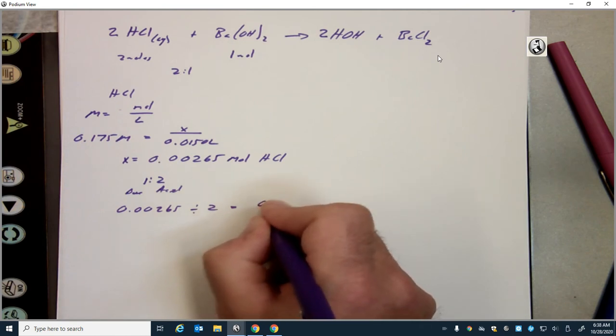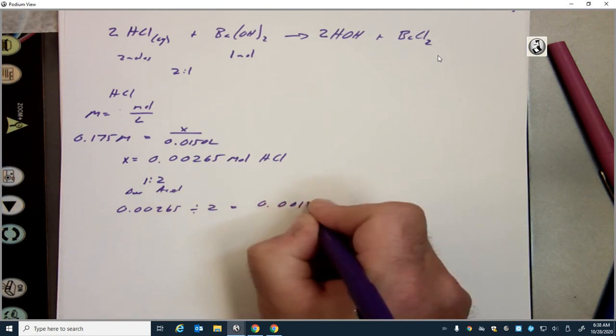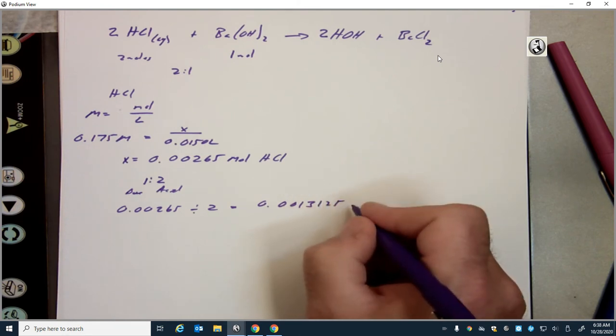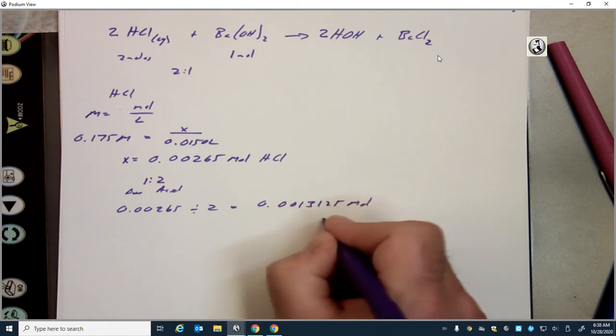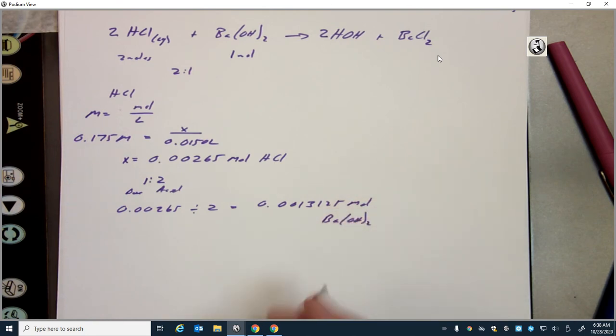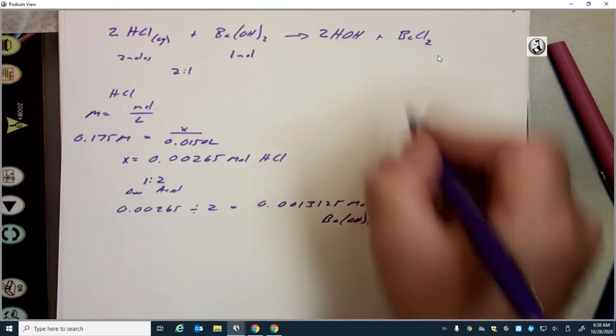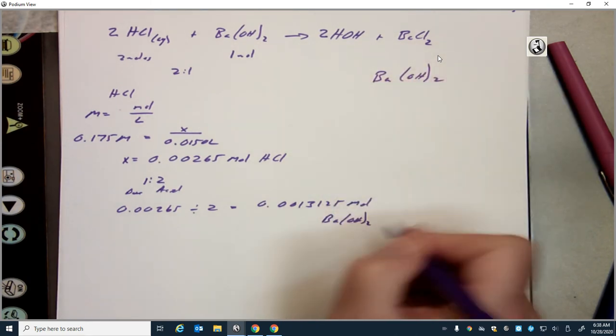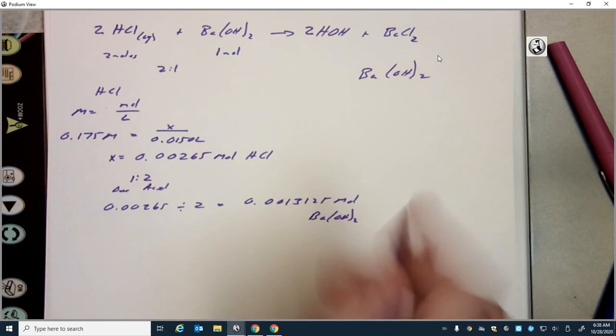So that means I have 0.0013125 moles of barium hydroxide. Now that I know how much barium hydroxide I have, or the moles of barium hydroxide, now I can convert it back to liters.